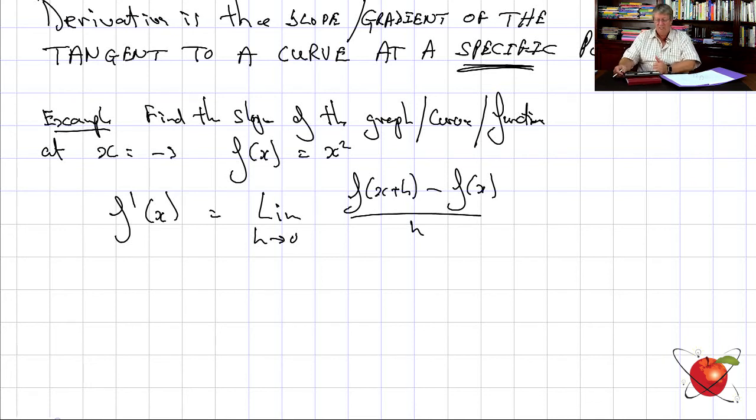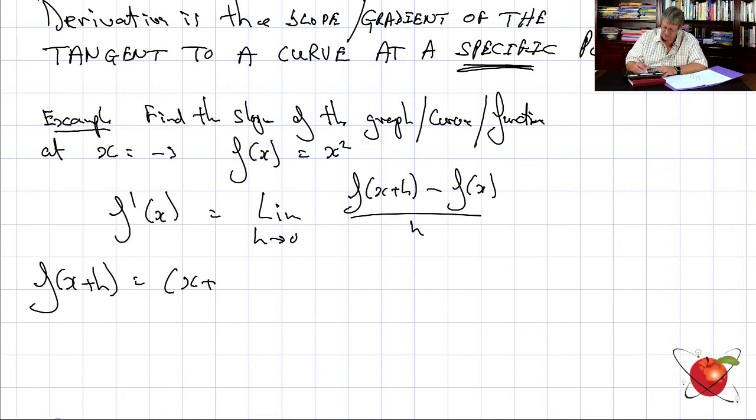Now what I do, it's the same concept as I do when I do the cubics. Those of you who did cubics with me and who are still going to do some more of them, I like to split it and I say, okay, this is my working area. Right, what is f of x plus h? It is going to be x plus h squared. And f of x itself is going to be x squared.